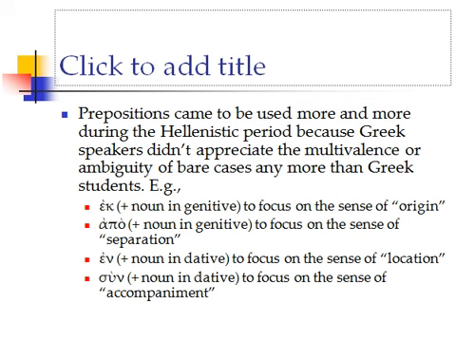Prepositions came to be used more and more during the Hellenistic period, that is, after Alexander the Great, into the 1st century AD, when all the New Testament writings were created, because Greek speakers apparently didn't like the multivalence or ambiguity of bare cases any more than y'all do.